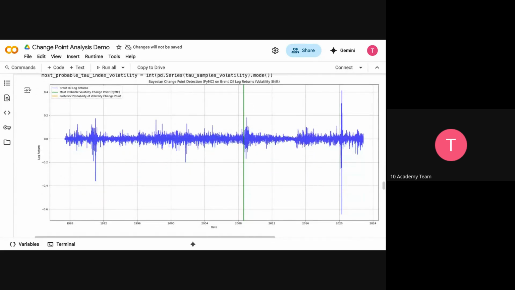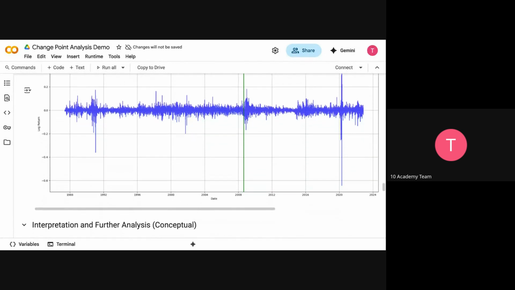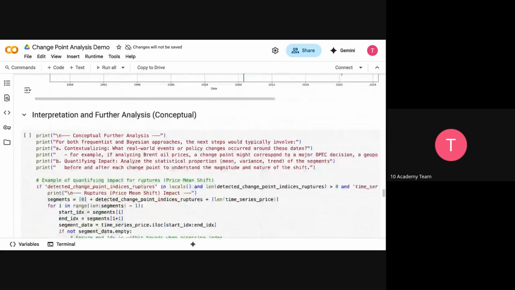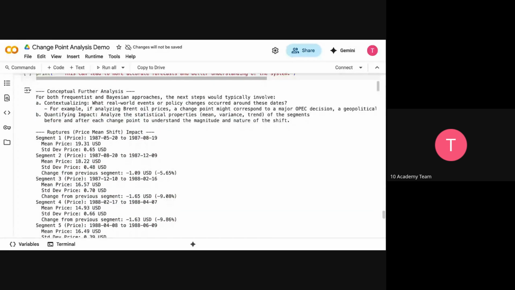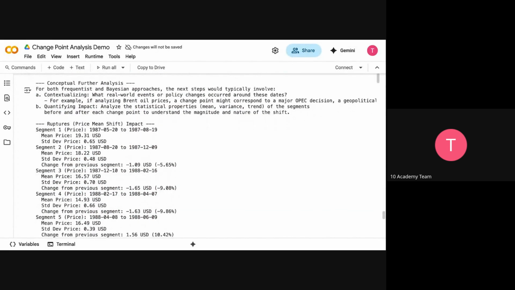Here you can see the most probable change point in the time series data. So let's see the interpretation. This is just an interpretation of what you have seen. What I wanted to show you is how we can make segments around a change point.